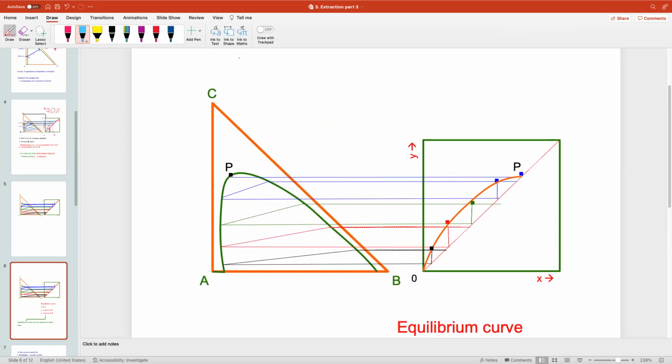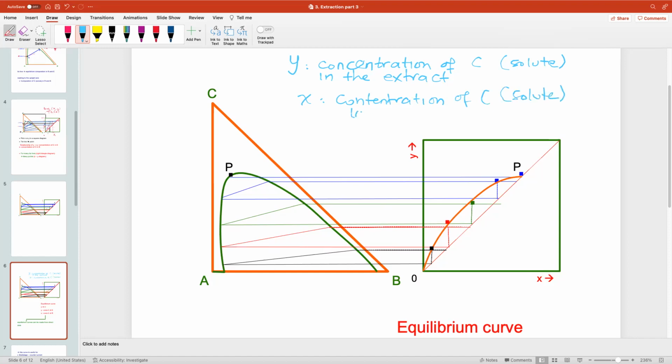So y is the concentration of C, or solute, in the extract, and x is the concentration of C, or solute, in the raffinate.